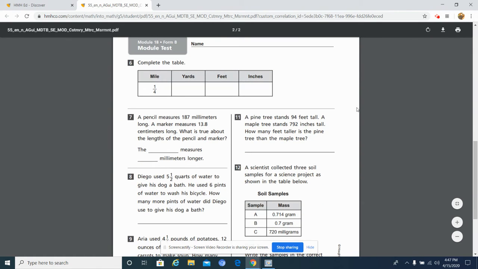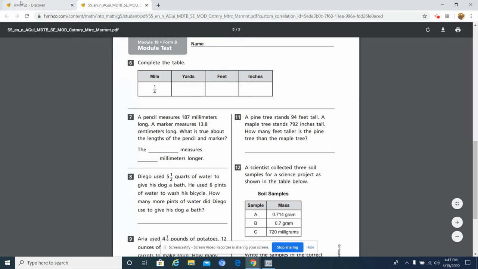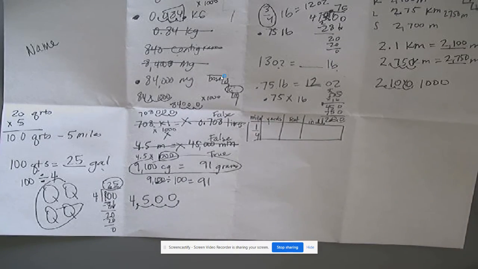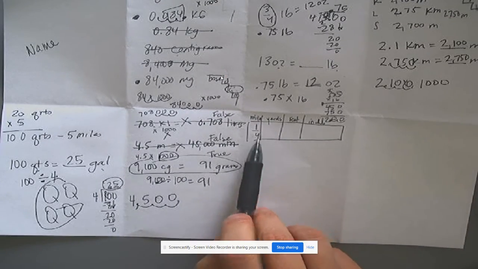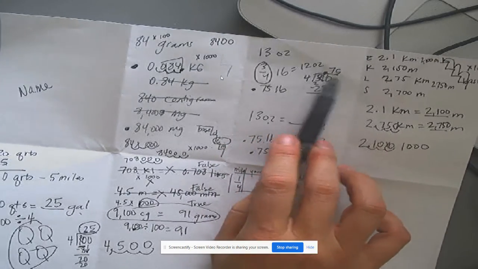All right, complete the table. So 1/4 mile, I'm just quickly jotting this down, yards, feet, inches. Okay. All right. So the first thing again, it's in a fraction, and we need to make it into a decimal. Now, just like we made 3/4 into a decimal, look at that, 75.